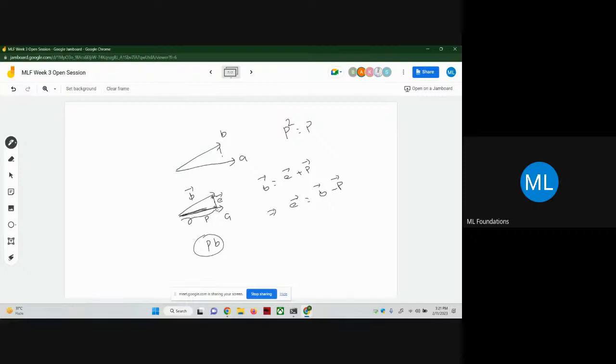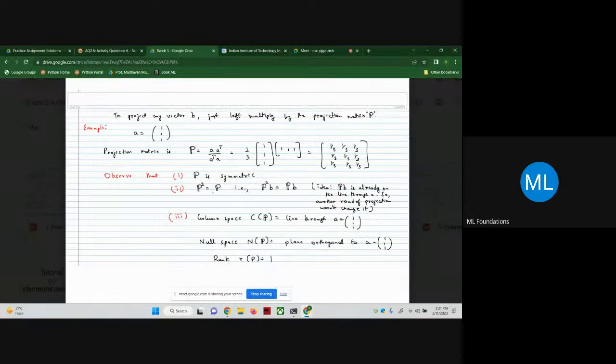When you again project this PB onto this A, it's again going to be this, because PB will already be lying on this vector A. So if we again project it, it's going to be the same. That's the reason we have P squared equals P. PB is already on the line through A, so another round of projection will not change it.